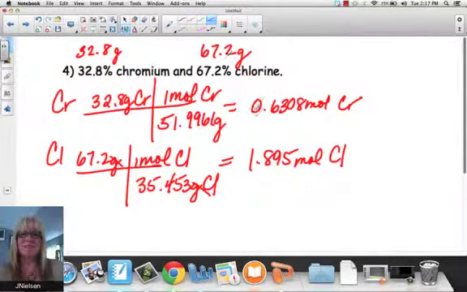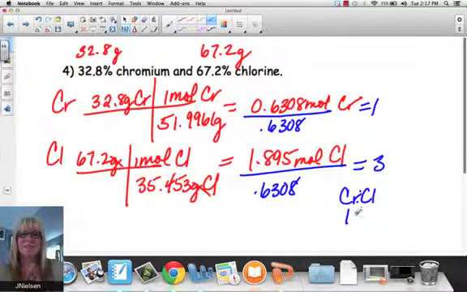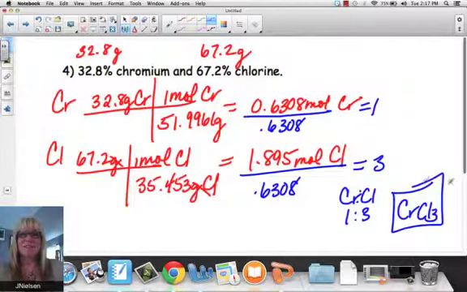I need to divide by the smallest one. 0.6308 is going to give me 1. 1.895 divided by 0.6308 is going to give me 3. So my Cr to my Cl is a 1 to 3 ratio. So CrCl3 is my empirical formula.